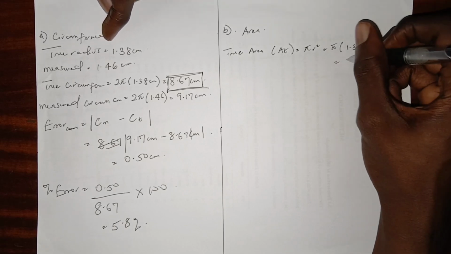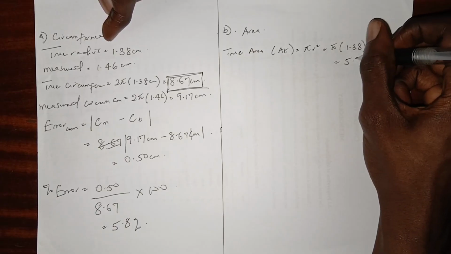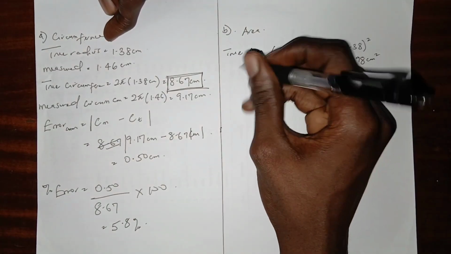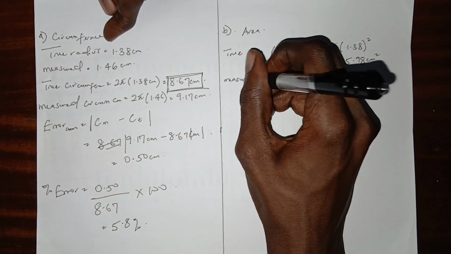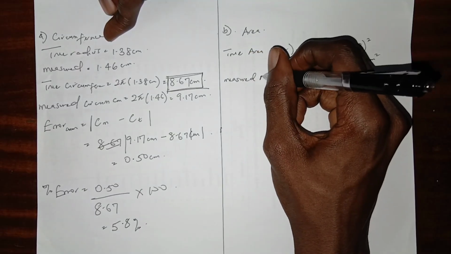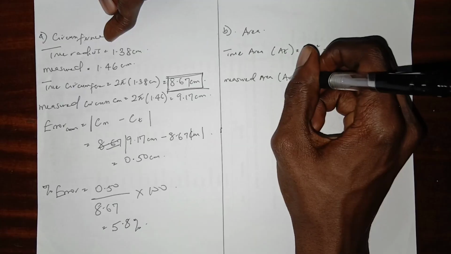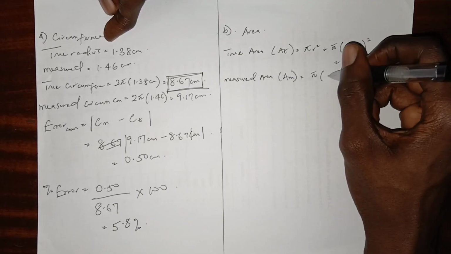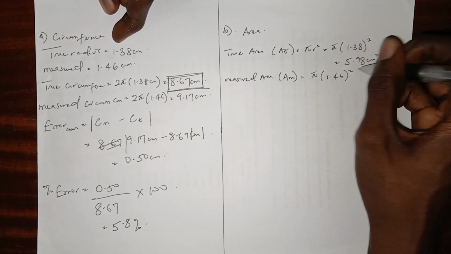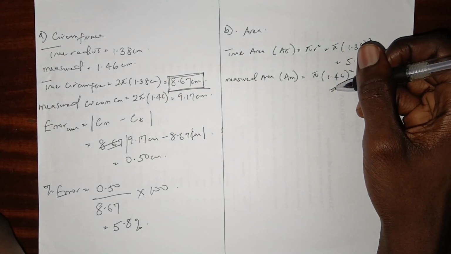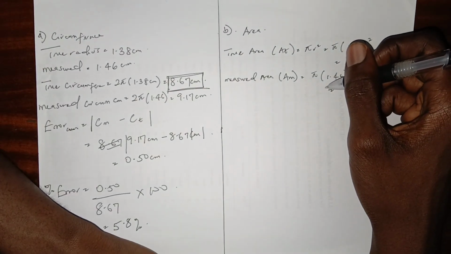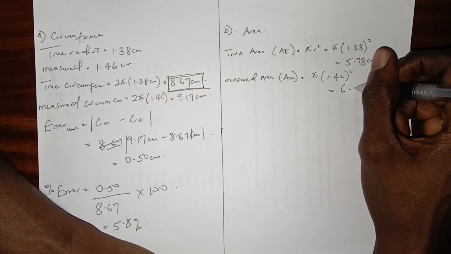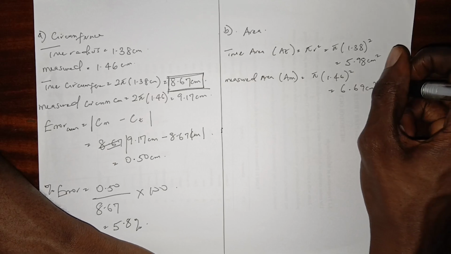You put this into our calculator, we have 5.98 centimeter square. Then the measured area, due to the wrong radius, will be pi times 1.46 squared, and if we put this into our calculator, we'll have 6.69, since the radius is larger.